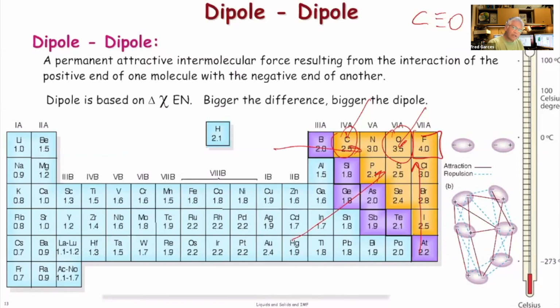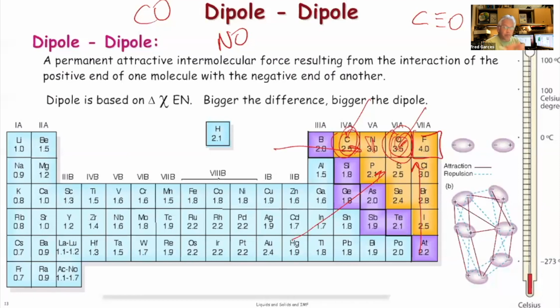So if you take a look at two atoms in the periodic table, let's say we have carbon, oxygen, and nitrogen, and I ask you which chemical is more polar, NO or CO? Well, the difference in electronegativity is going to be bigger for CO because they're further separated in the periodic table, which means they have a bigger difference in electronegativity than NO. So the answer is CO would be more polar than NO. The bigger the separation between the atoms in the periodic table, the bigger the difference in electronegativity.